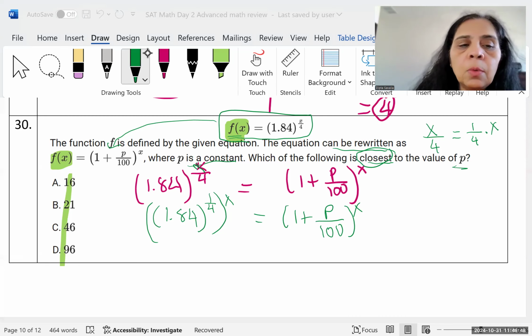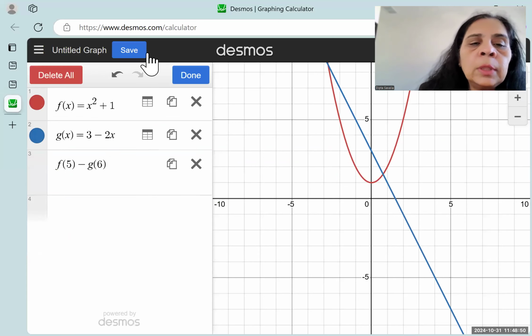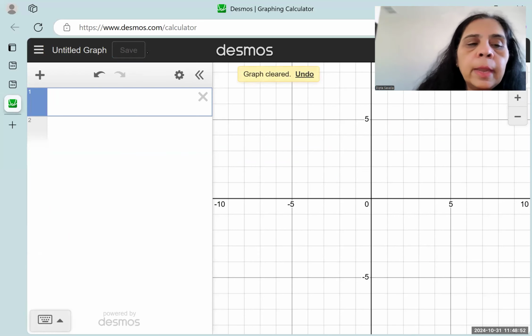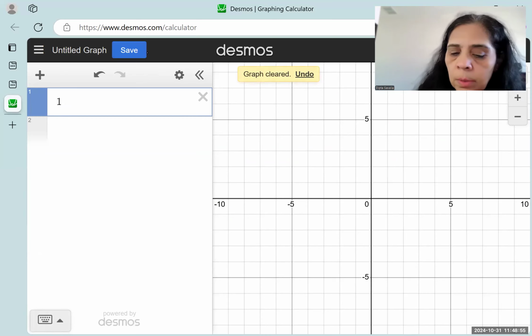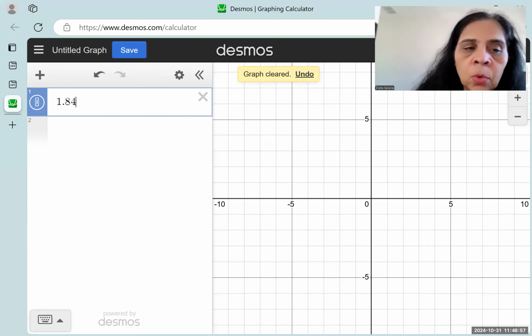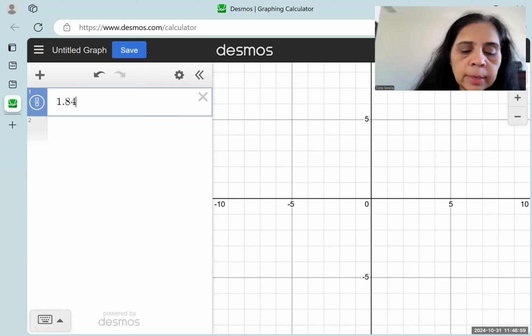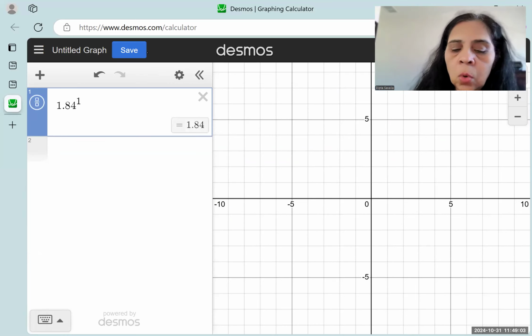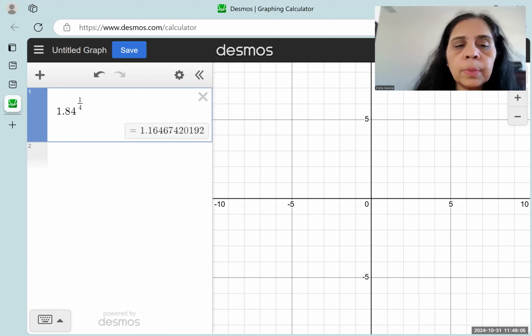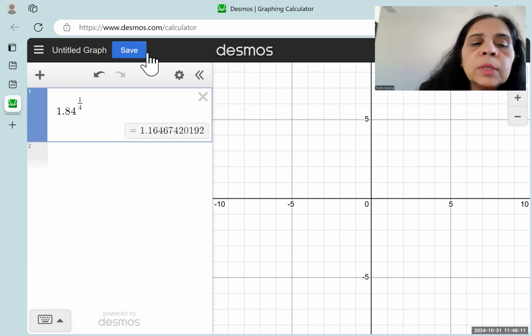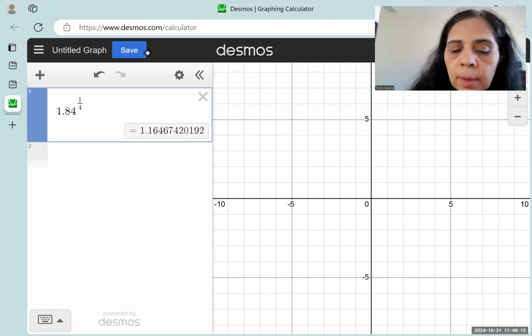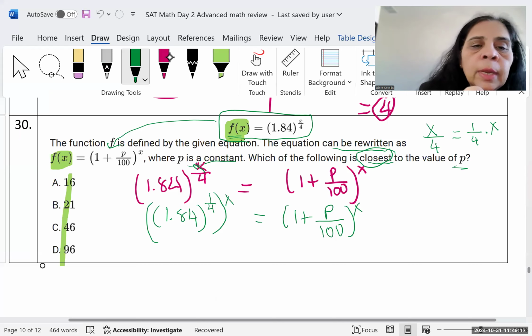So you can do 1.84 power 1/4. We can just do in calculator. Let's see. We can delete everything. And we can do 1.84 power, right? Exponent. So we have 1/4. So that's number 1.164. So we can take 1.165, right? 1.165 we can write.